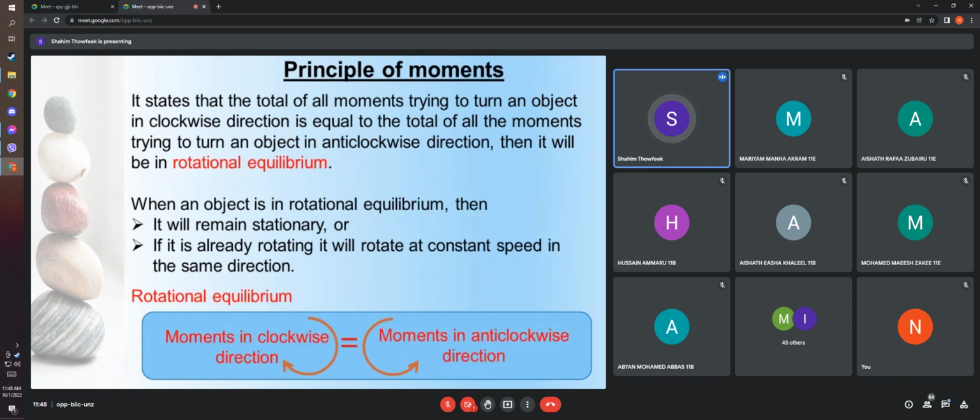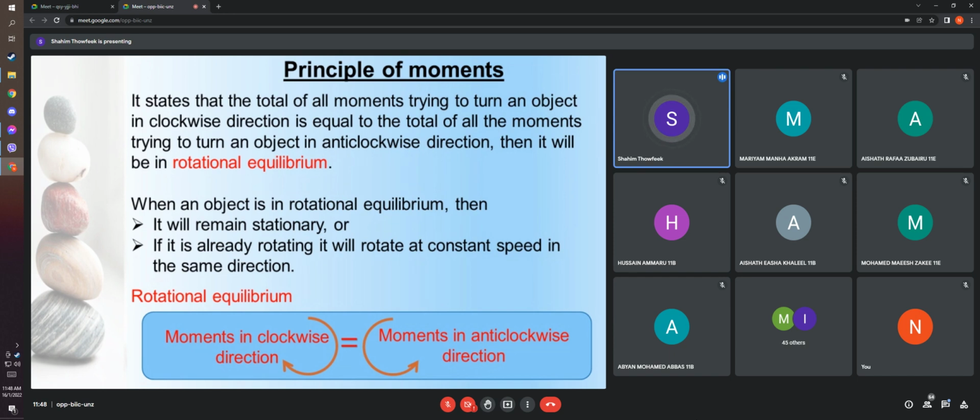So what are the key points? When an object is in rotational equilibrium, same as in forces equilibrium, it will remain stationary. Of course, it can remain stationary. The moments are balanced. Or if it is already rotating, it will rotate at constant speed in the same direction.